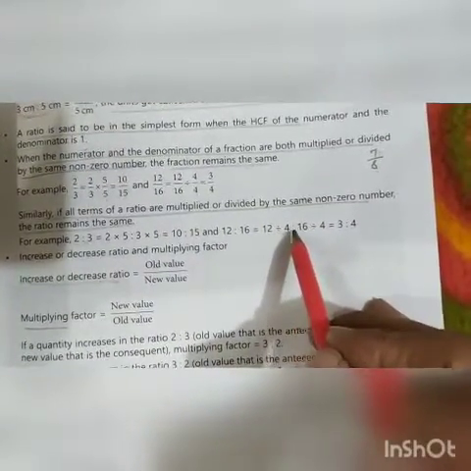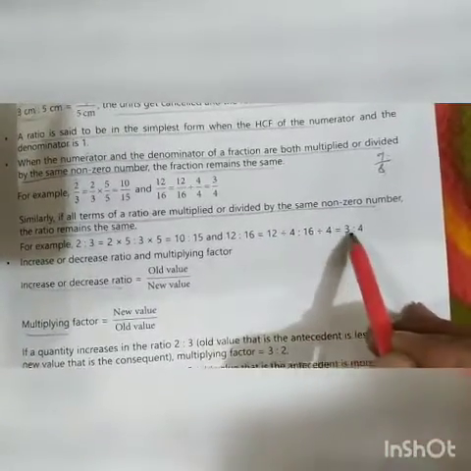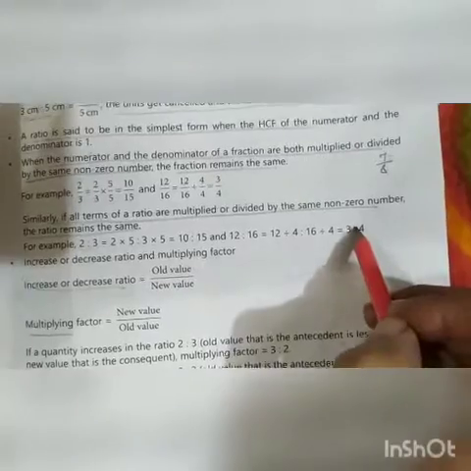If we are writing the ratio in the form 2:3, then we will write 2 multiplied by 5, 3 multiplied by 5. 2 5s are 10, 3 5s are 15. In the same way, 12:16. We are dividing 12 by 4 and 16 by 4. Again 4 3s are 12, 4 4s are 16.